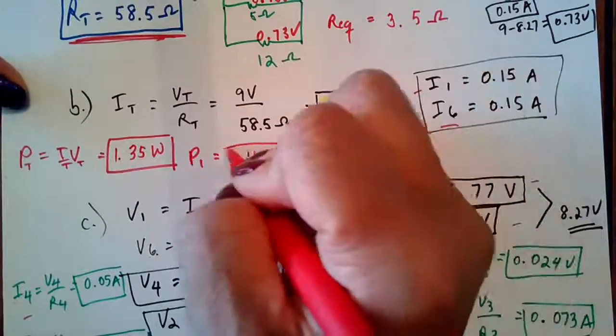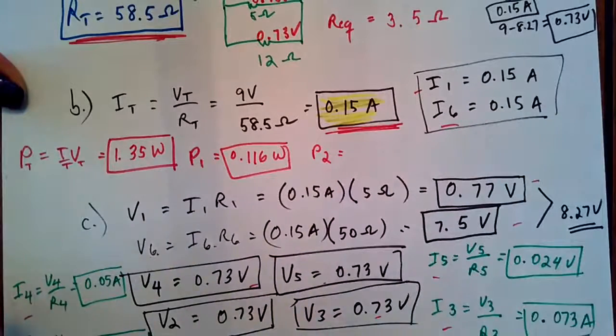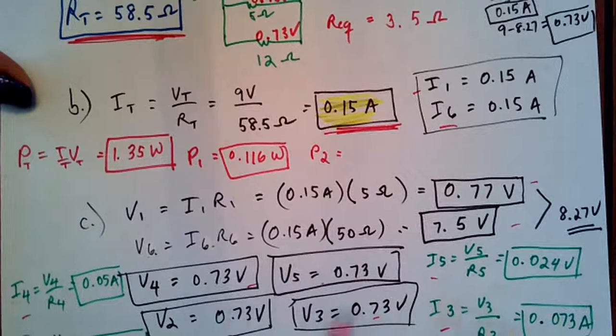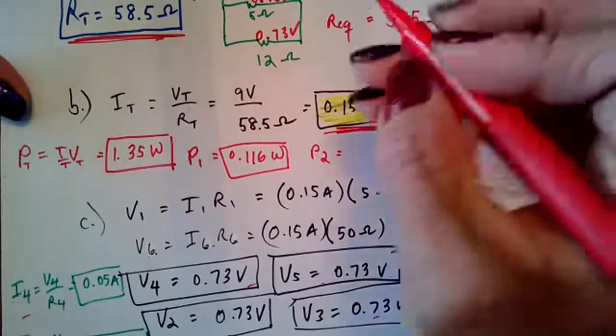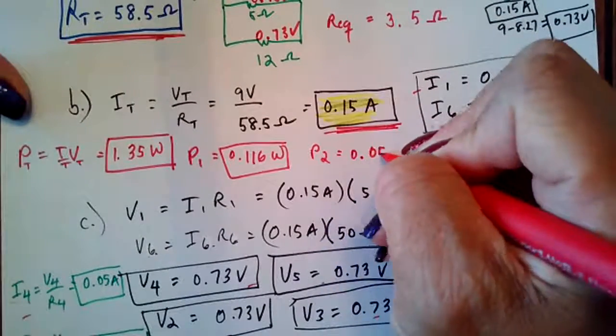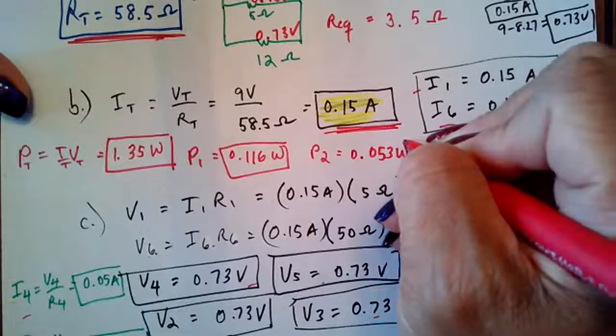P2 is equal to I2, which is 0.073, times V2, which is 0.73. So IV, and you get 0.053 watts of power.